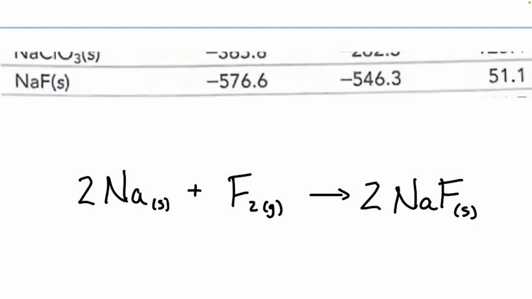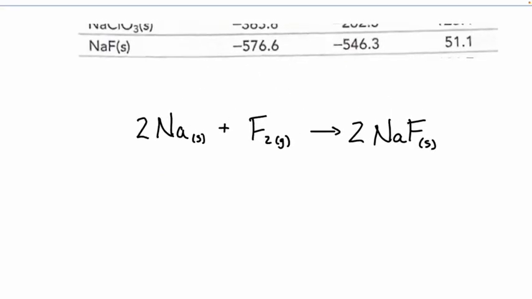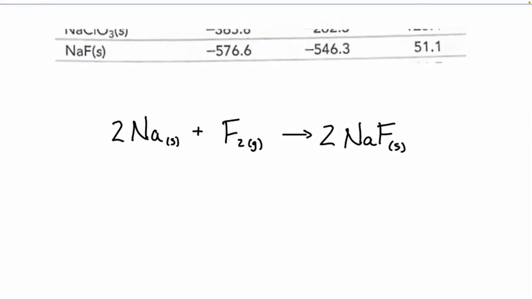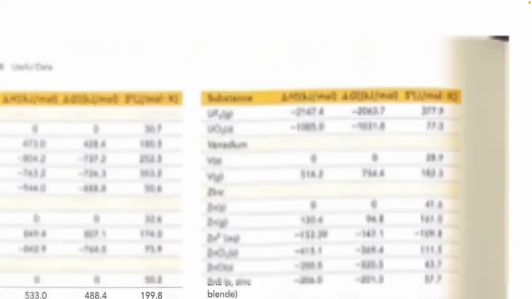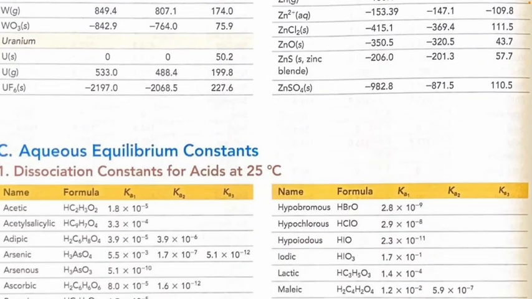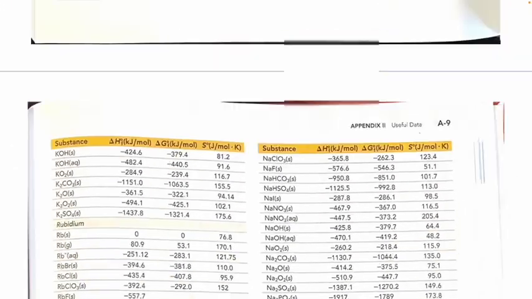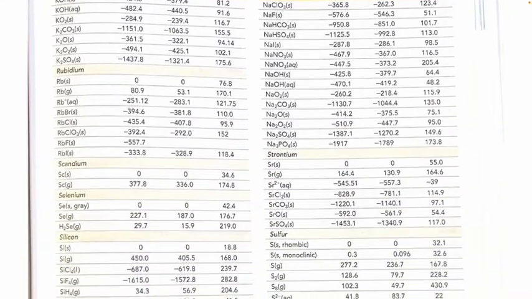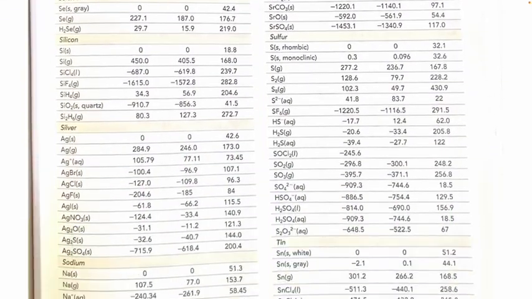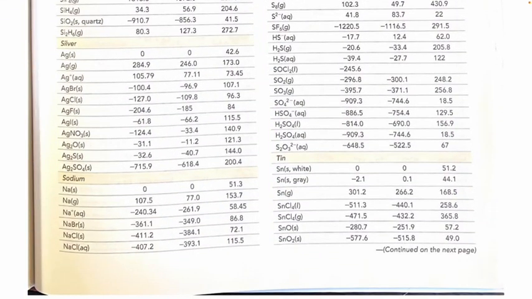All right, so here are our sodium fluoride values. Sodium, so now I need to grab, and I'm paying attention to the states here.